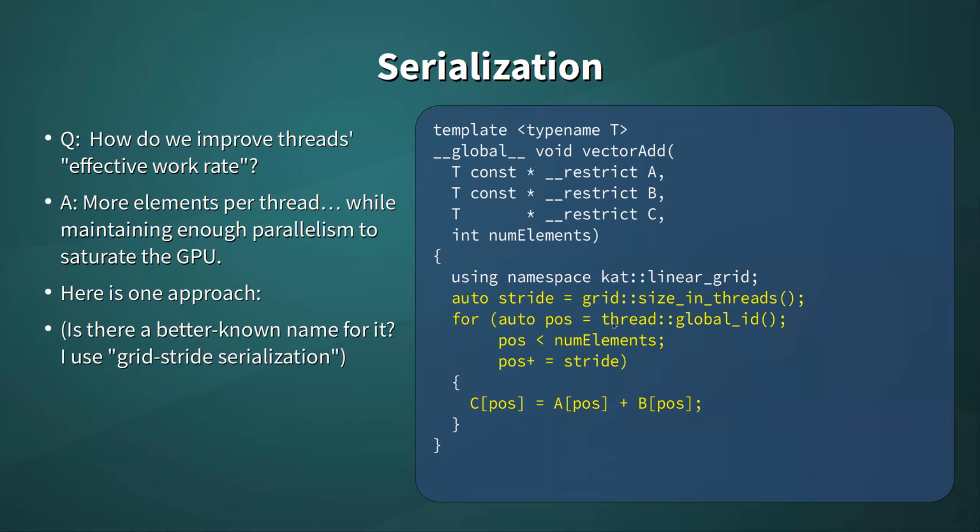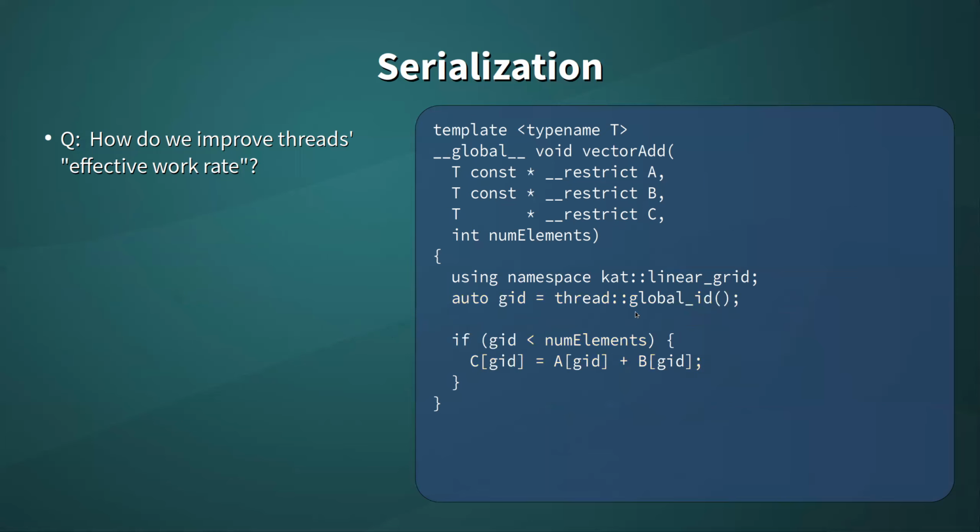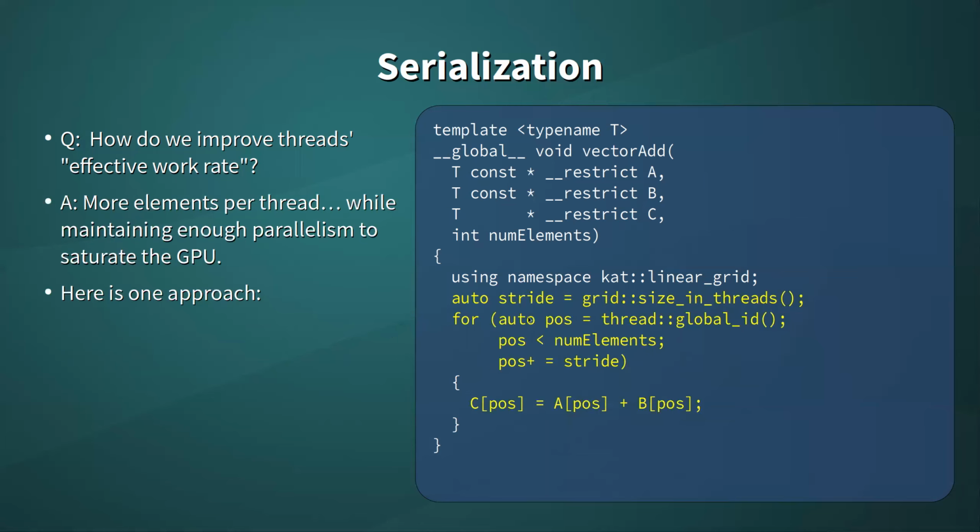So we start with the global ID of the thread, which before was the only thing we worked on. So we had the global ID of the thread, and that's what we used as the index. And now this is just the initial index. And while we can still advance, we advance by the number of threads in the entire grid and continue processing elements in this grid thread.